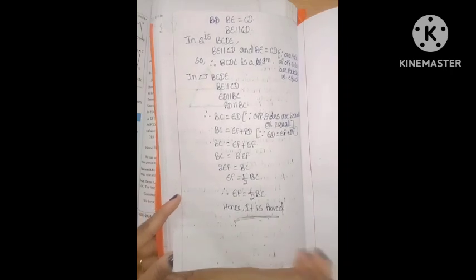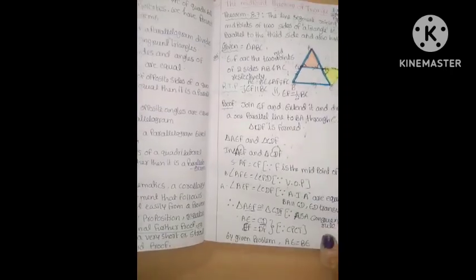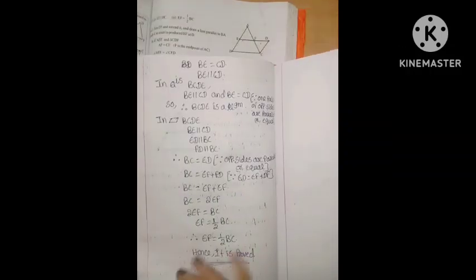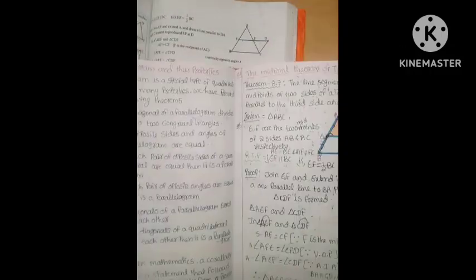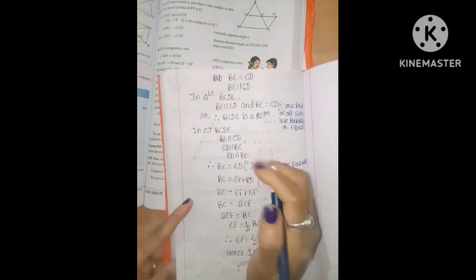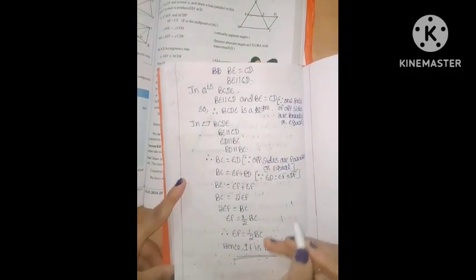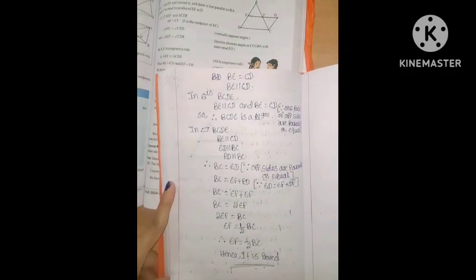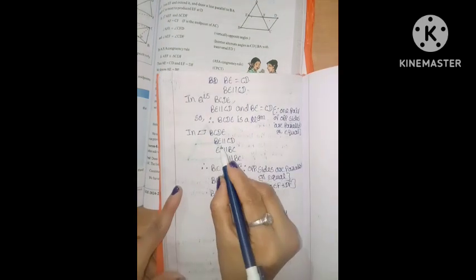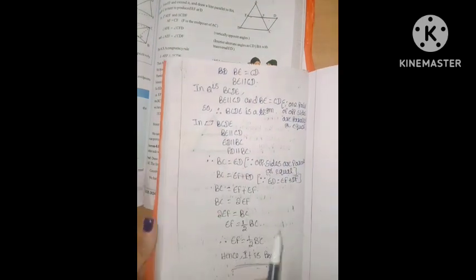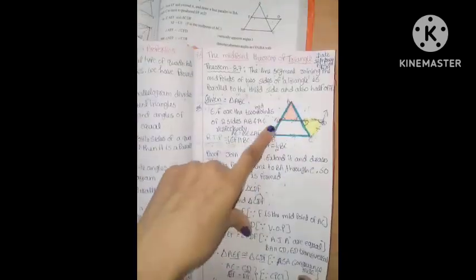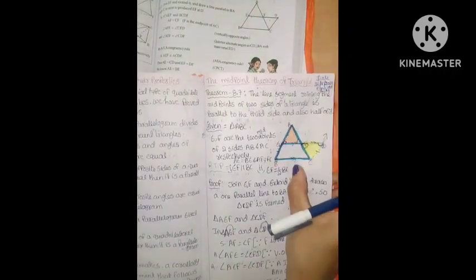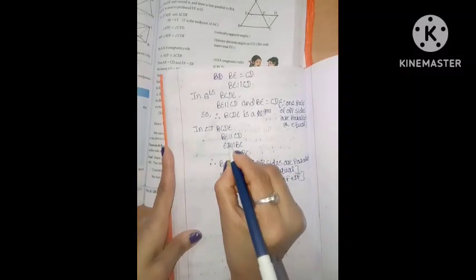This is the second question, it is proved. What is the first question? EF is parallel to BC. In the quadrilateral, BE is parallel to DC, and EF is parallel to BC, not ED, EF.